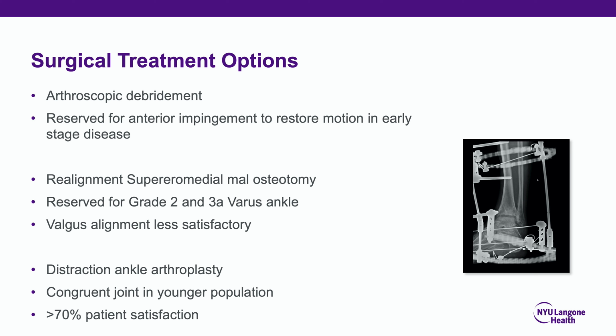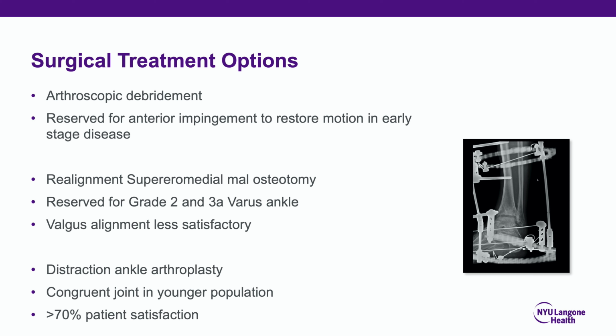Realignment osteotomies, or supramalleolar osteotomies, are reserved for Takakura grade 2 and 3A varus alignment. They have less satisfactory outcomes in valgus alignment. Distraction ankle arthroplasty is used in some selective centers, popularized originally by Van Roermund in Europe, and now used in several centers in the United States.